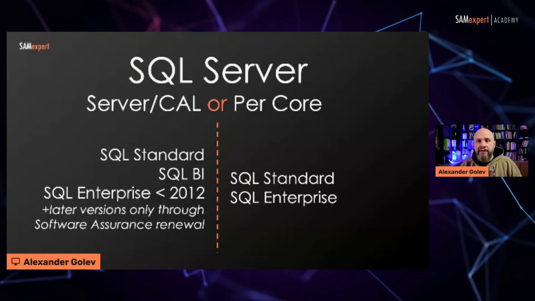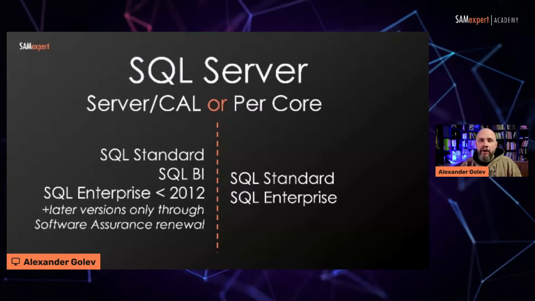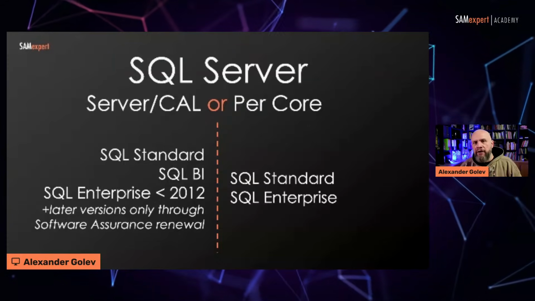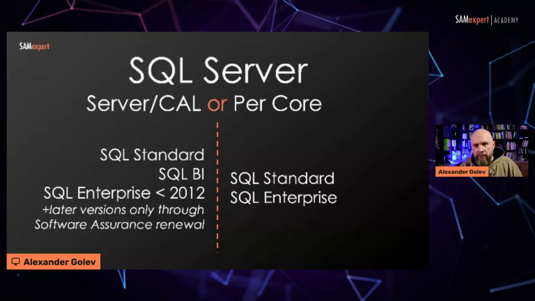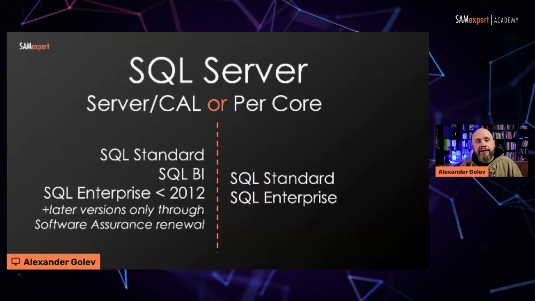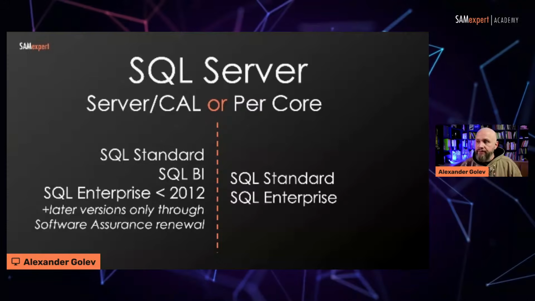But instead of licensing SQL per server, you license every single core. And there are specific formulas, minimums and caveats for how you calculate the required number of SQL Server core licenses. Both current commercial editions, Standard and Enterprise, support that licensing model.